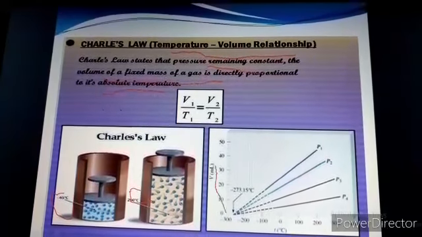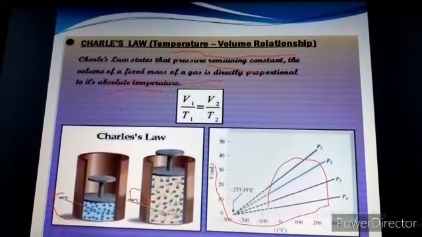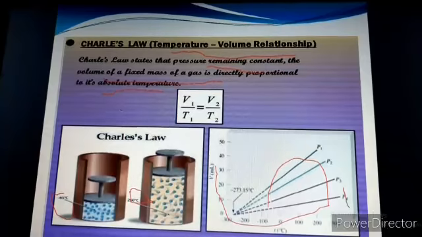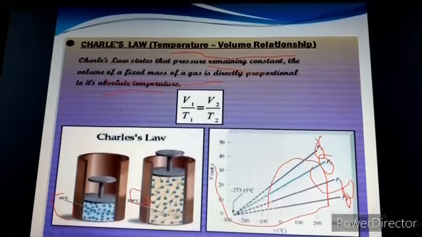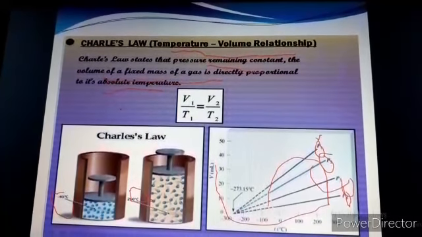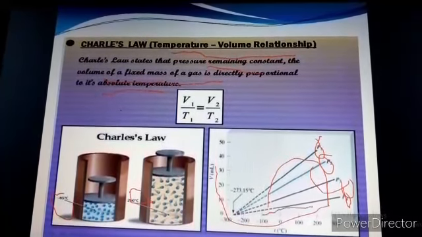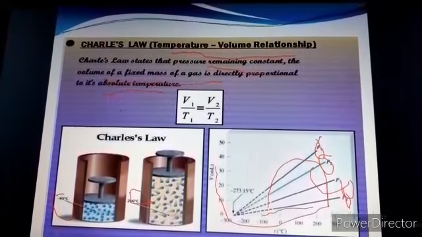You see in this graph the volume of gases increases with increase in temperature up to 400 Kelvin. Here at constant pressure P3, constant pressure P2, constant pressure P1, if we increase the pressure, the volume also increases with increase in temperature, but the amount is very less as compared to the others, P1, P2 and P3.